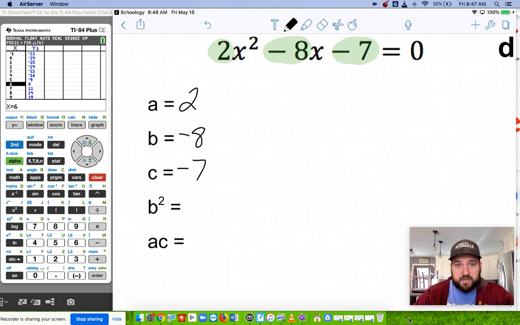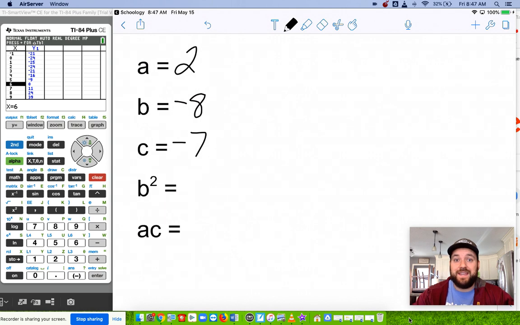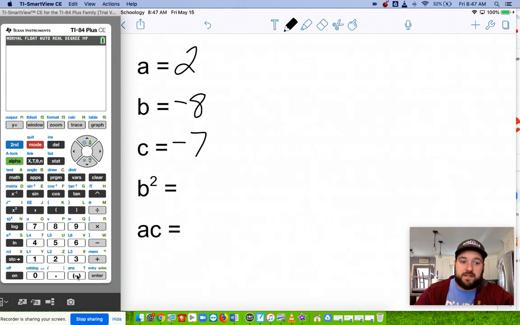Now, I'm going to do two more calculations, and this will help me make the discriminant very easy. What is B squared? And what is A times C? That's what these final two pieces down here are. To take a number squared, remember that means to multiply by itself. What's super important here is that if you just type -8 squared in the calculator, it'll tell you -64 because you didn't put it in parentheses.